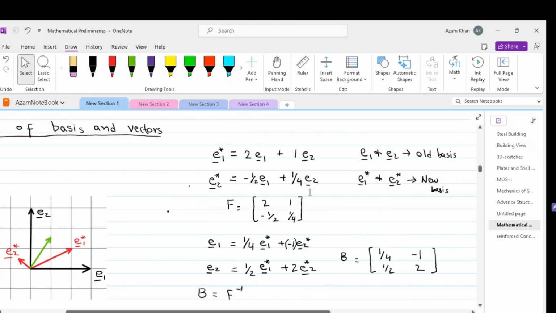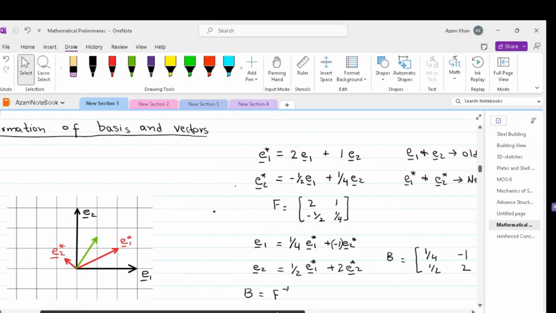If we want to do it the other way around, in other words, if we want to find our old bases in terms of new bases, we can do the same thing. We can define our E1 in the E1 star and E2 star basis. Similarly, E2 can be defined in the E1 star and E2 star basis. So E1 is quarter of E1 star minus E2 star.